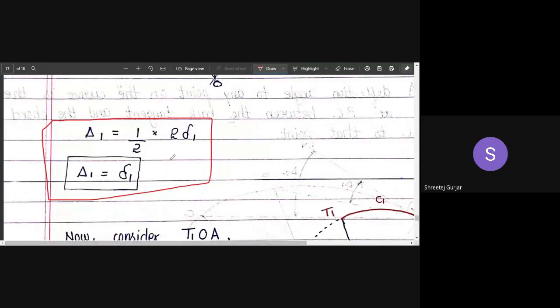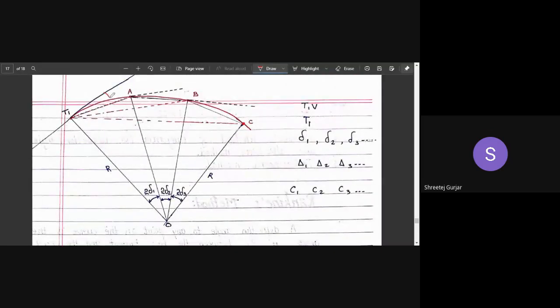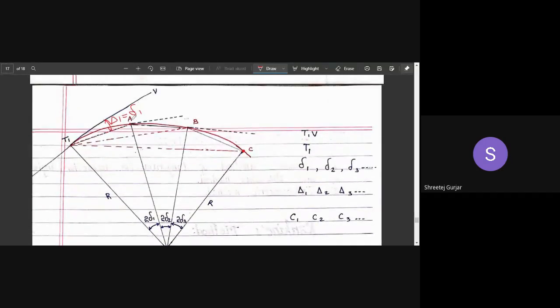For the first deflection angle, delta 1 is equal to small delta 1, the tangential angle. So this is done. Now coming to the second one, from here to here, this is your delta 2.